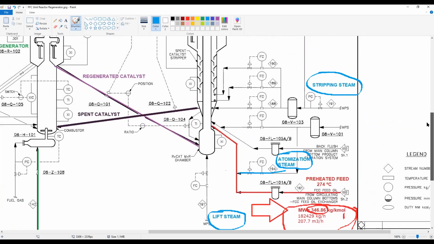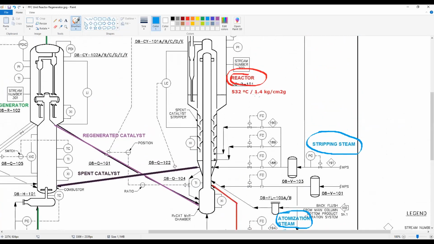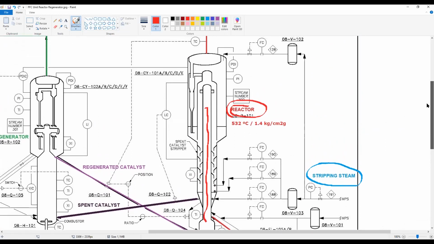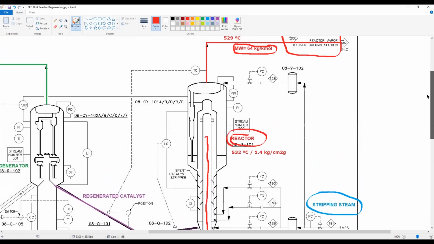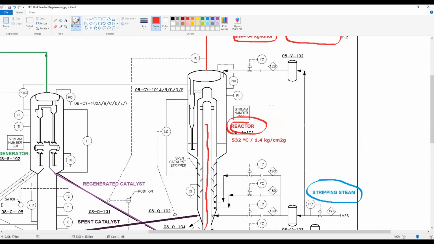That will help with the fluidization in the riser. Of course, here we have the riser, okay, here in red, in the middle. We have the top of the reactor going to the column, and we have the catalyst.